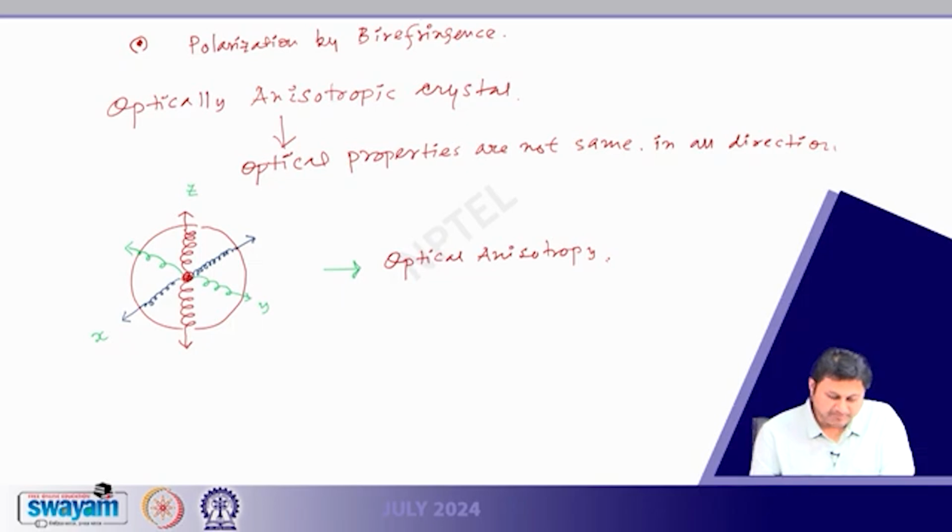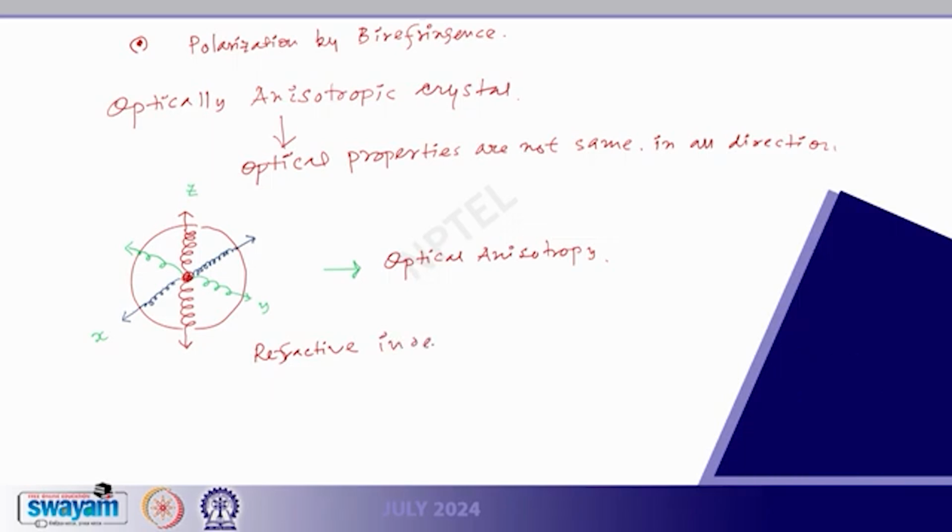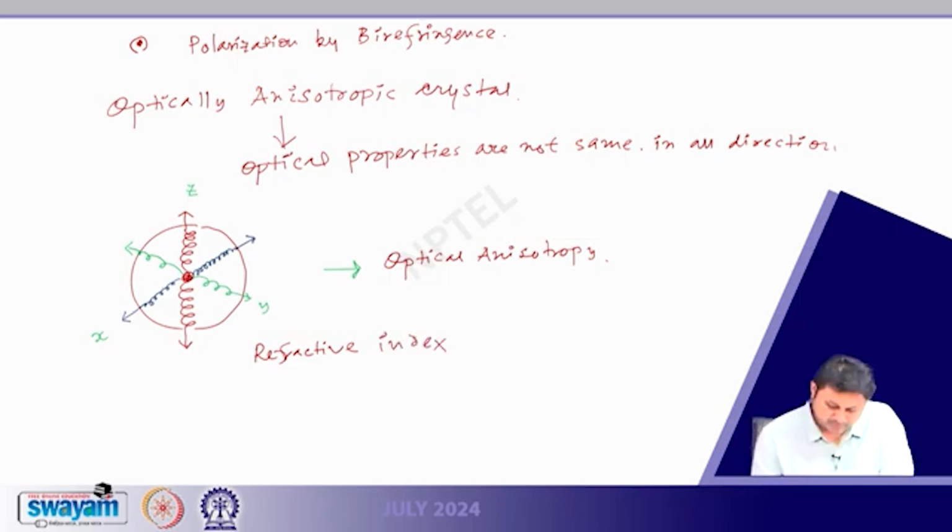A simple example of this system: the direct consequence is that because the binding force is different, the refractive index is different in different directions.